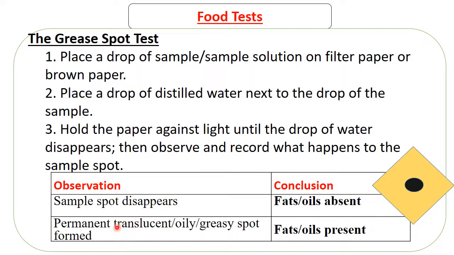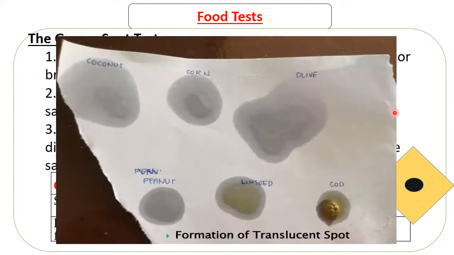If your solution forms a permanent translucent, oily or grease spot, then fats or oils are present. In the real world, this is what you can see. These are examples of permanent translucent spots. Translucent means you can't see through. So this is how to do the grease spot test for lipids.